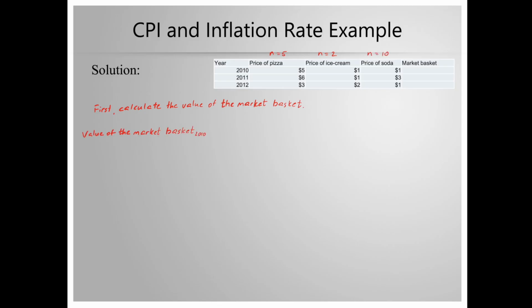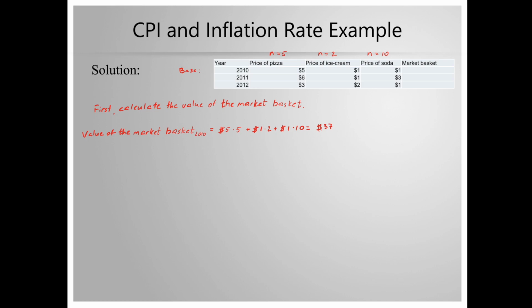The value of the market basket in 2010 is the price of pizza, $5, times the quantity of pizza, 5, plus the price of ice cream in that year, which is $1, times the quantity of ice cream, 2, plus the price of soda in 2010, which is $1, times the quantity, which is 10. This is equal to $37.